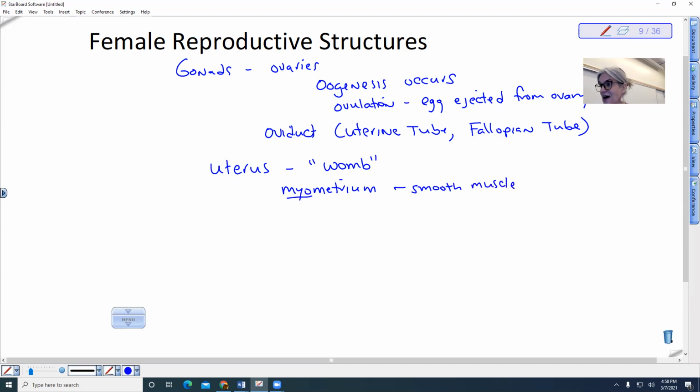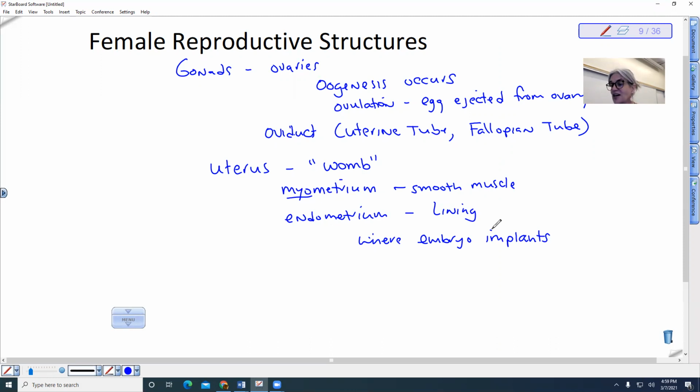The lining of the uterus is called the endometrium. So this is the lining. And this is where the developing embryo will actually implant. So this is where the embryo implants, in the endometrium, in the uterus. This is not where fertilization takes place.